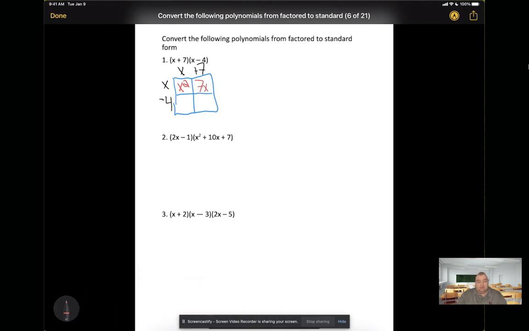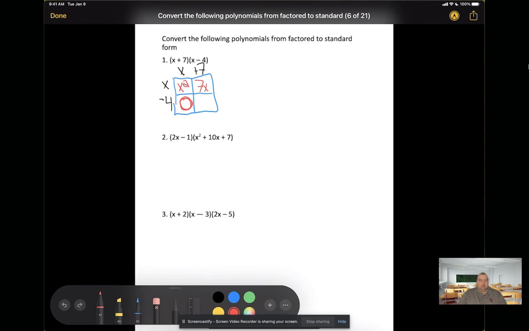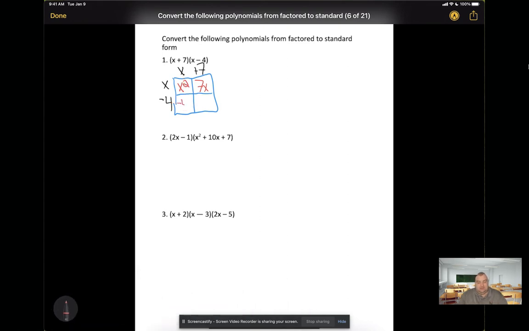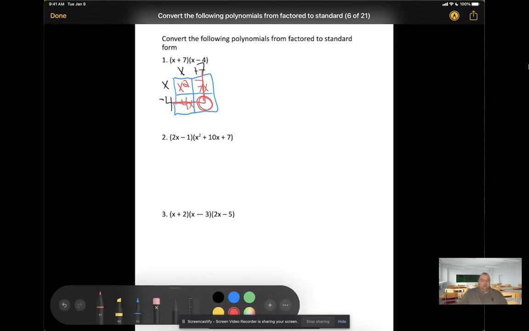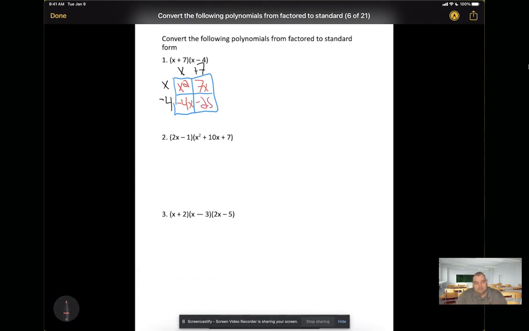It's 7x. All right, to fill in this box, I'm going to do negative 4 times x. Well, negative 4 times x is negative 4x. And then this last box is going to be negative 4 times positive 7. Well, what is negative 4 times positive 7? That's going to be a negative 28.